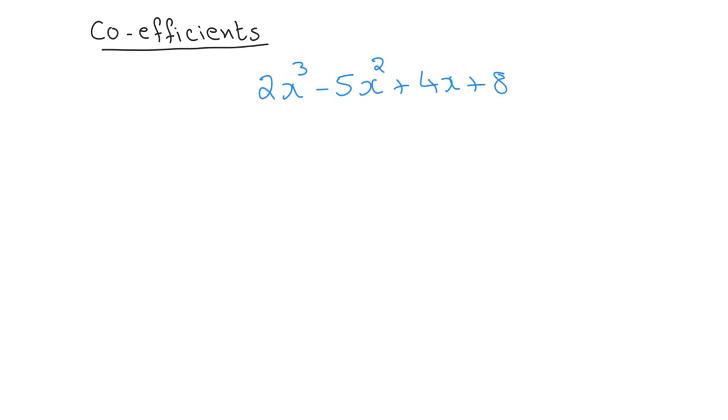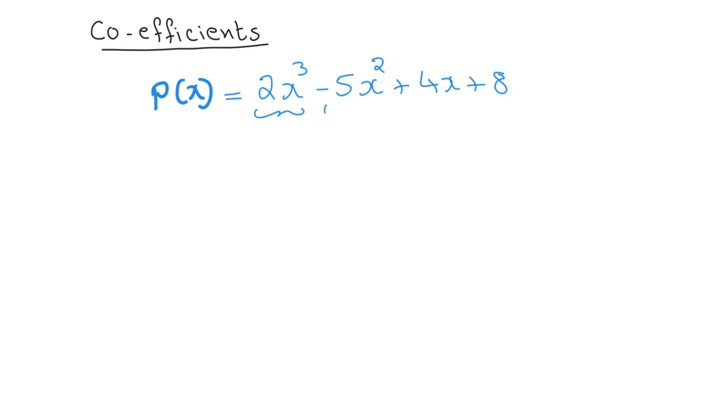Is this a polynomial? Yes, of course, because all the powers of the variables are whole numbers. Therefore, it is a polynomial. Fine. Let's represent this with p of x, a polynomial in the variable x.